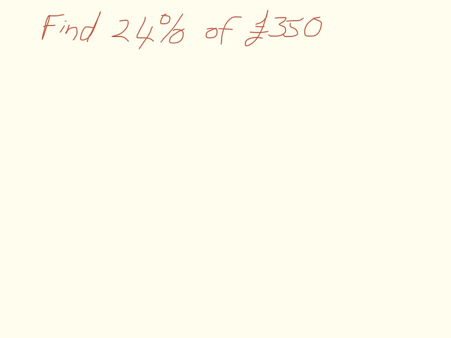Now the word percentage, as we discovered before, it means out of 100, so that's 24 out of 100. And actually you might not know this, but the word of in mathematics means multiply. So I'm going to find 24 out of 100 multiplied by 350. And what I usually do is I'll simplify this thing.